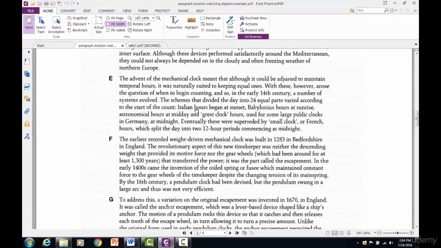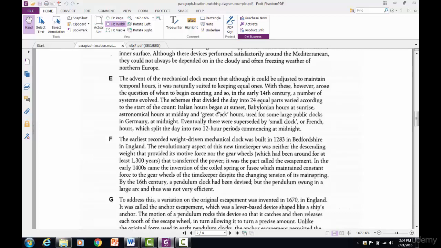All right, so the sentence says, Italian hours begin at sunset, Babylonian hours at sunrise, astronomical hours at midday, and great clock hours used for some large public clocks in Germany at midnight. Eventually, these were superseded by small clock or French hours, which split the day into 2 12-hour periods, commencing at midnight.